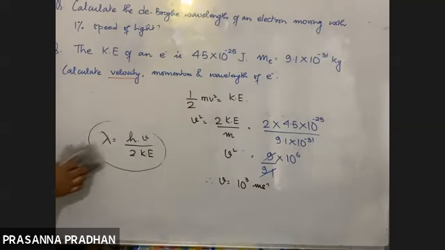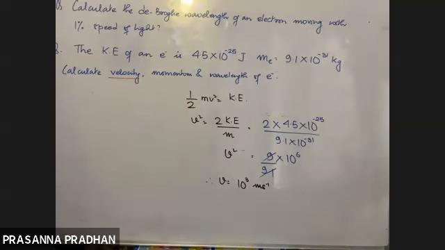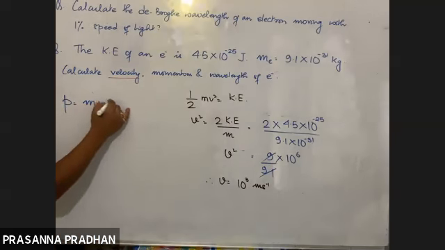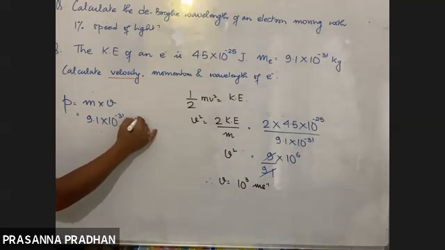Actually, we don't need this formula. Okay, second, momentum. What is momentum? Momentum is a product of mass into velocity. What is the mass of electron? 9.1 into 10 to the power minus 31. What is velocity? 10 to the power 3.